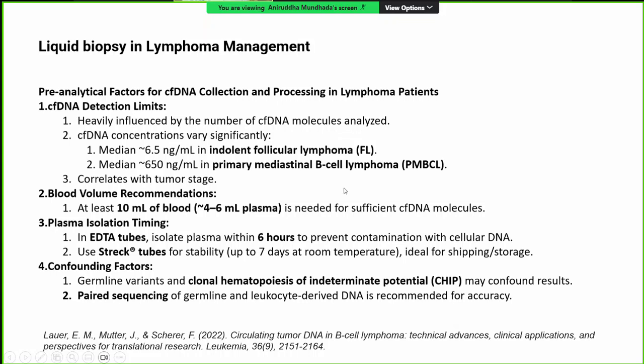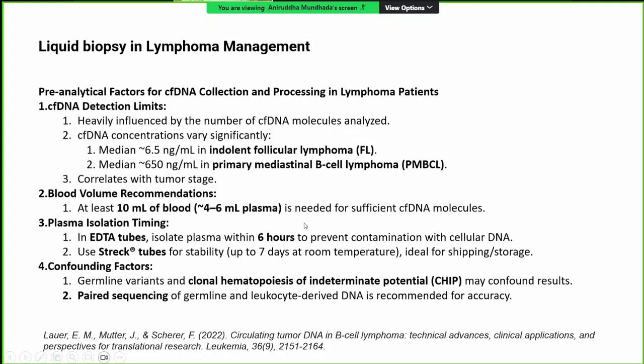And this correlates with tumor stage as well. In advanced stages, the DNA is much more as compared to earlier stages. At least 10 ml of blood on average has been studied in many of the studies, and that is required for getting a sufficient number of DNA molecules to be detectable by the sequencing.